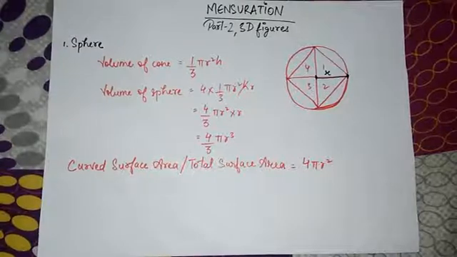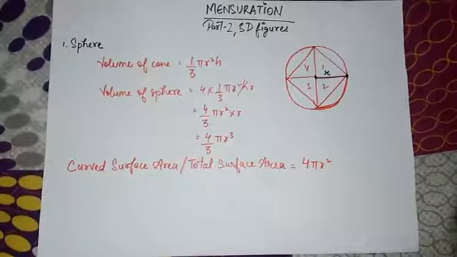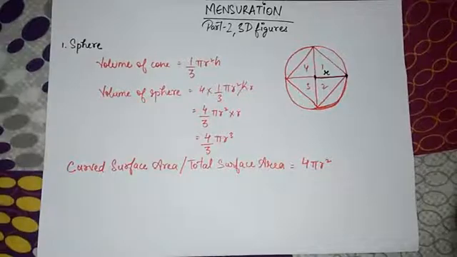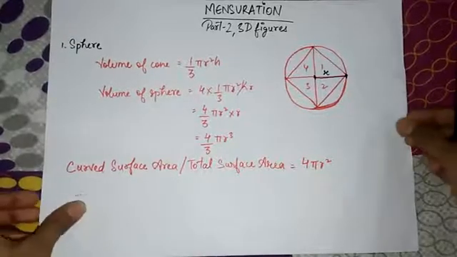Okay, the next thing we're gonna talk about is, so before hemisphere, I want to tell you about something called a spherical shell, or you can say you can get a question like talking about a hollow sphere. Okay, and you'll be asked the thickness of that shell.